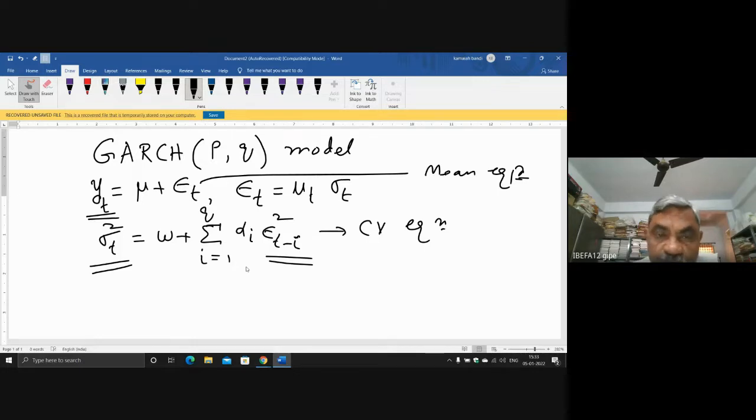Therefore, a generalization has been proposed in which you have a limited number of parameters, but with an additional provision where you have feedback from its own past.